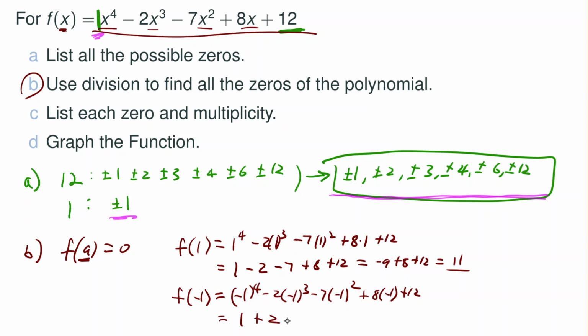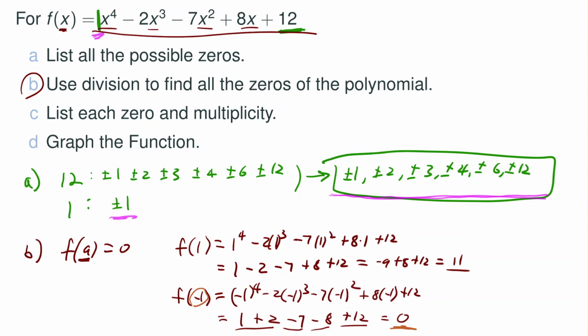Positive 1, negative 7, minus 8, plus 12. So here I get 3 minus 7 is negative 4. Negative 4 minus 8 is negative 12. Negative 12 plus 12 is 0. So that means I can synthetic divide by negative 1 because it gives me 0. So negative 1 is an x-intercept.